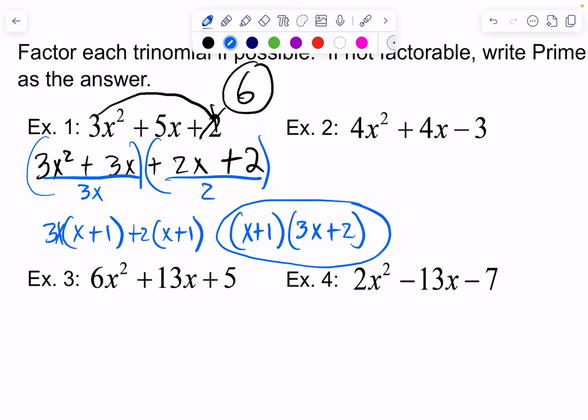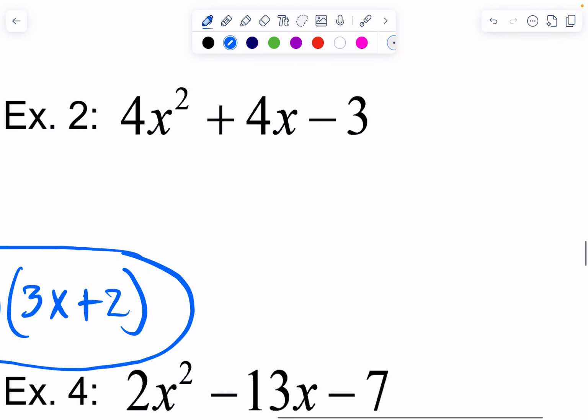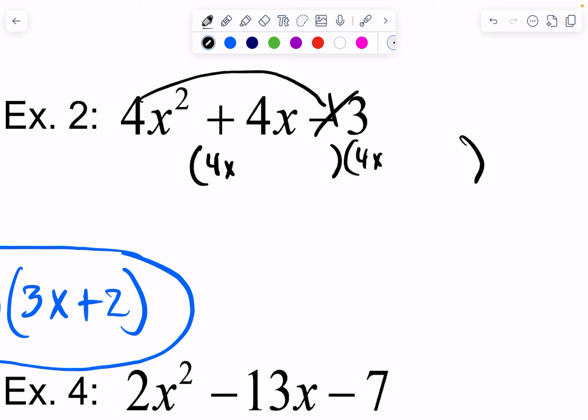Okay. Number 2, I'm going to go cubic method first. I'm going to write my 4x and my 4x. A times c, my new c is now negative 12. What times what is negative 12, but when added together is positive 4? We've got positive 6 and negative 2. 6 times negative 2 is negative 12, check. 6 minus 2 is 4, check.